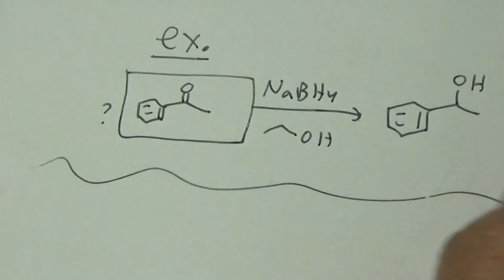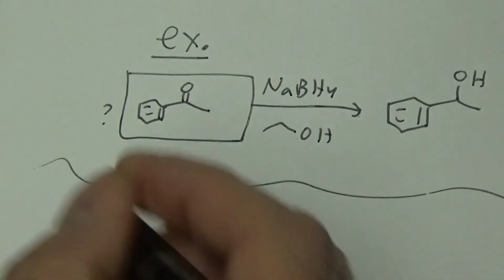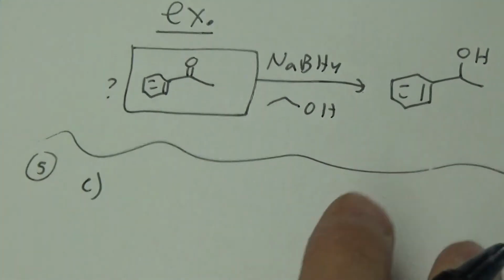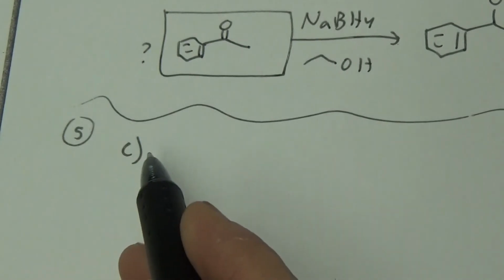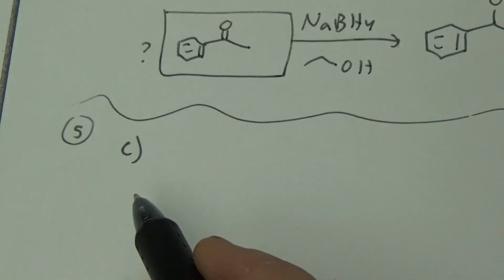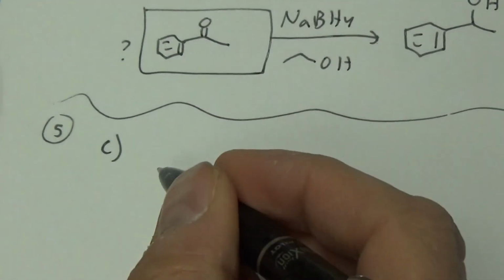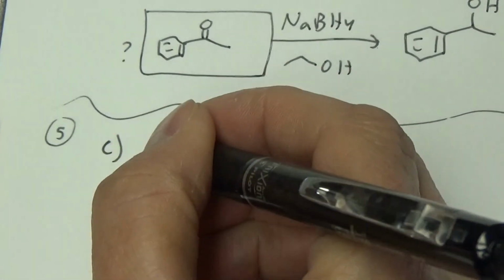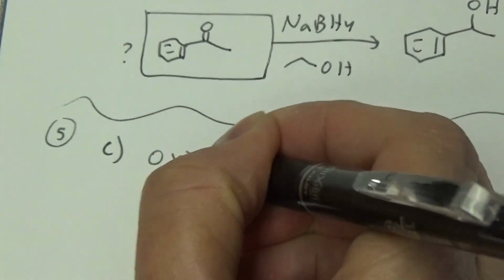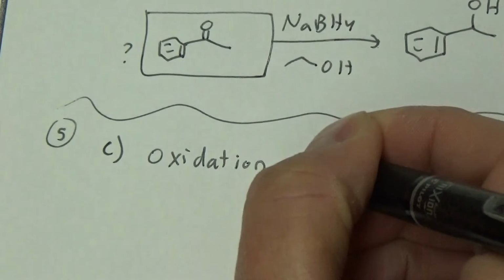Alright, now we're on to, I think it's 5C. So oxidation and reduction, and C is actually moving away from reduction to oxidation. Oxidation of alcohols.